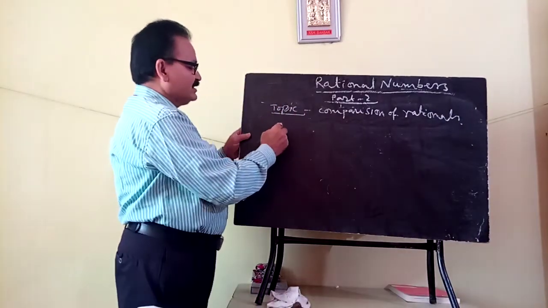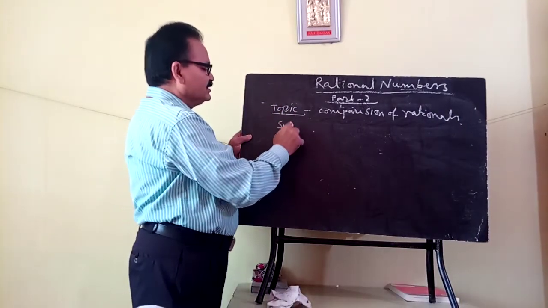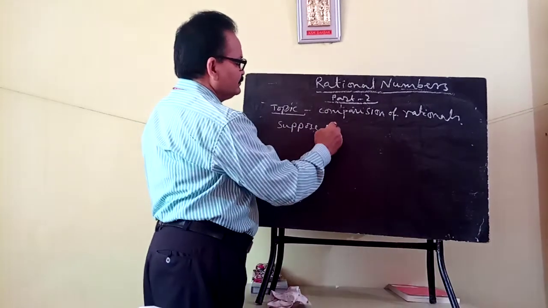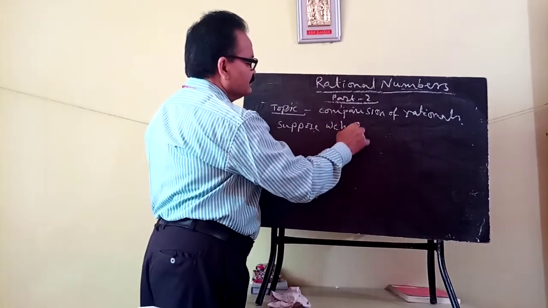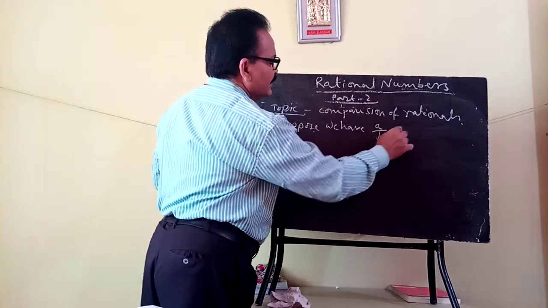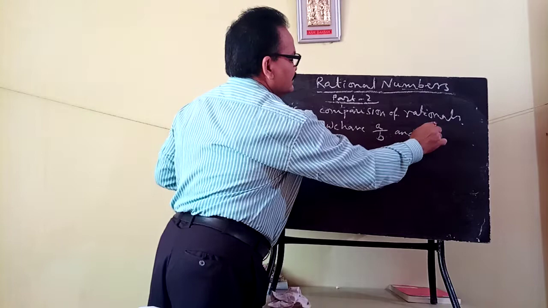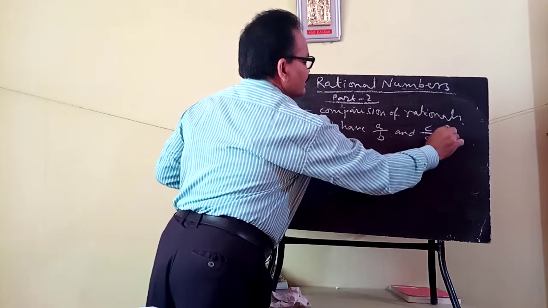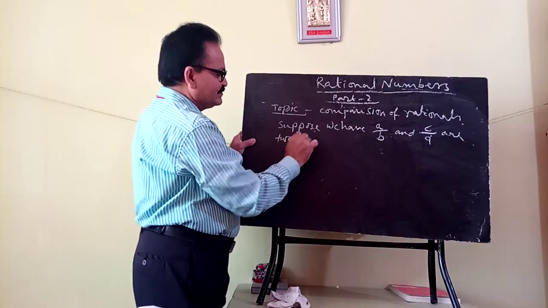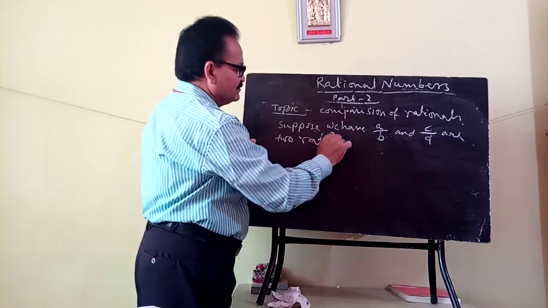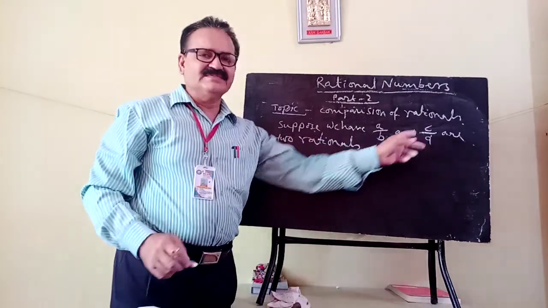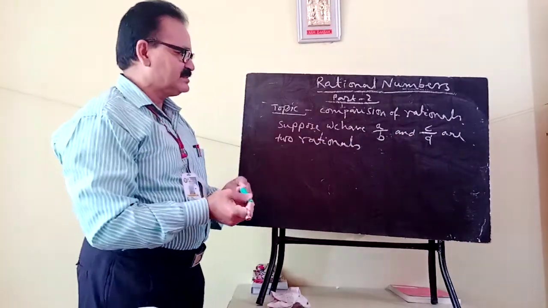Suppose we have A by B and C by D as two rationals.